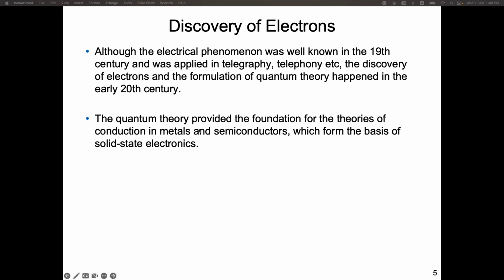And the pillar theory for modern electronics is quantum theory. It provides a foundation for the conduction of electrons in solid state materials, including metals and semiconductors. So that's the basis of solid state electronics. Without this theory, we could not enjoy the electronic devices we have today.